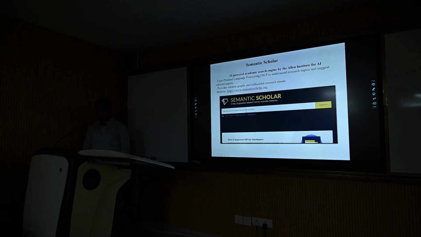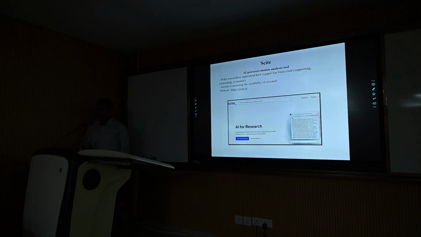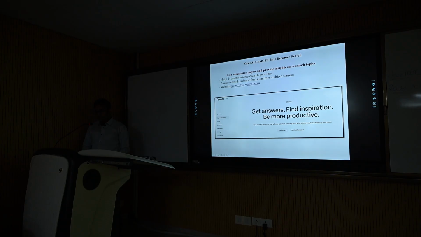We can search different topics and it will show multiple articles. We can identify the citation graph and influential research trends. Then Elicit AI, and there is Scite, which is related to citations: how one article is cited in other articles.